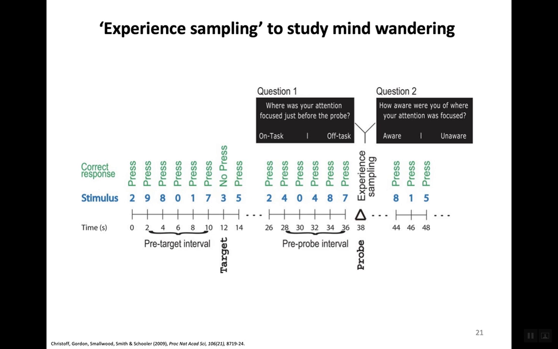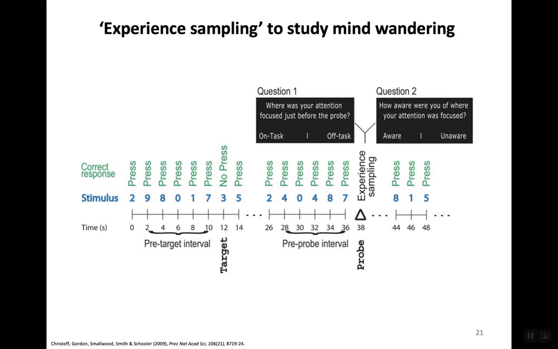So what they did then is intersperse the presentation of these stimuli with queries such as, was your attention focused just before this probe or not? And then the participants had to answer whether they were on task or off task, mind wandering over the last few seconds. So this is one question that participants were asked throughout the experiment.